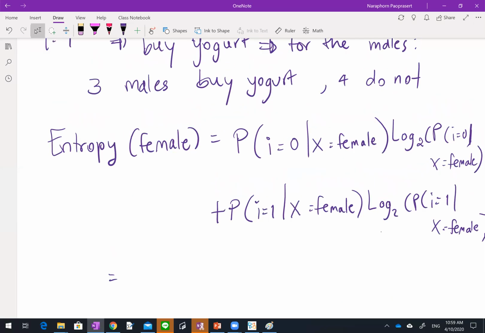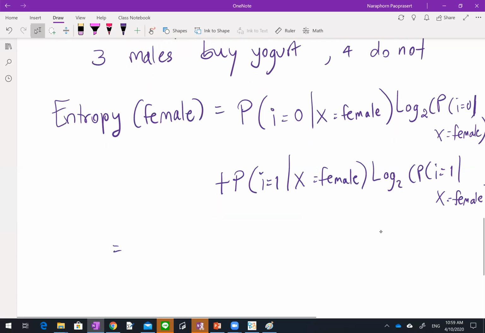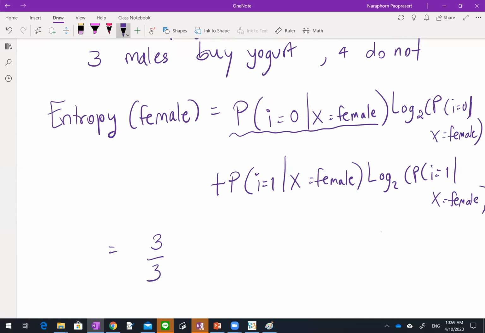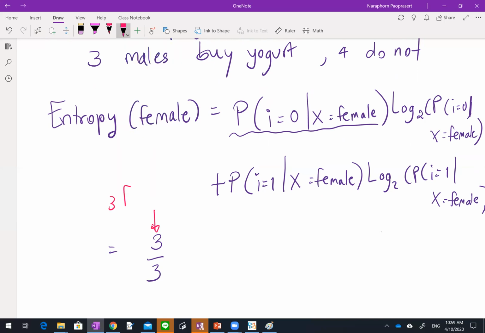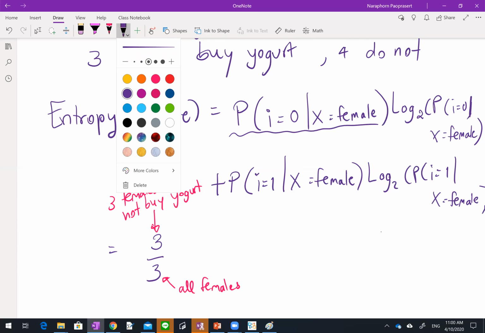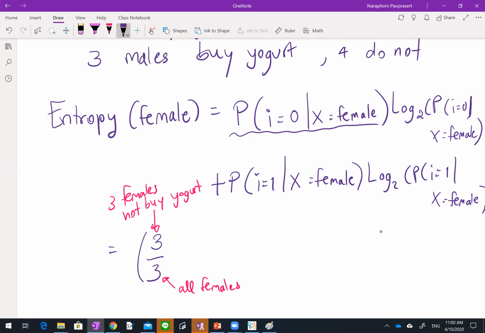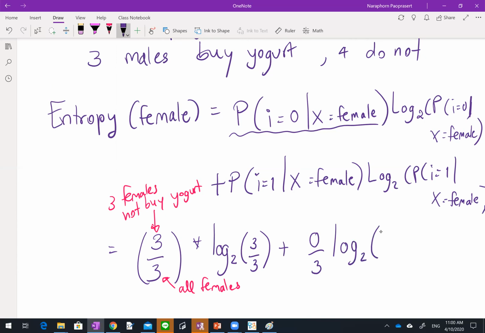There are 3 females, and all 3 of them do not buy yogurt, so the proportion is 3 over 3 times log 2 of 3 over 3, plus 0 over 3 times log 2 of 0 over 3.